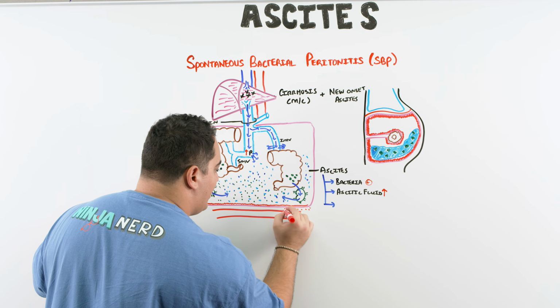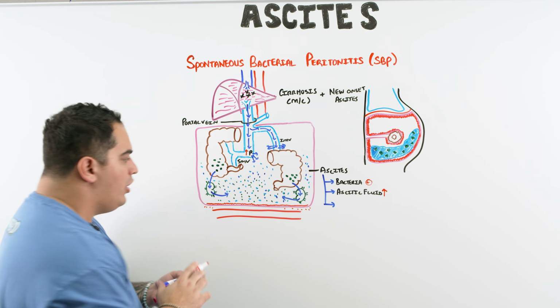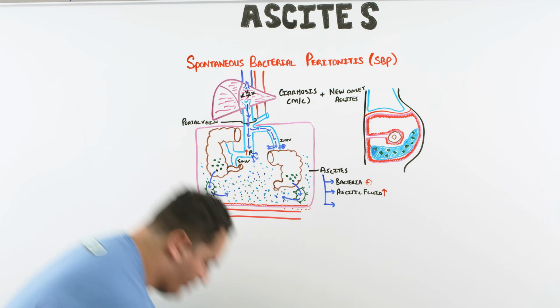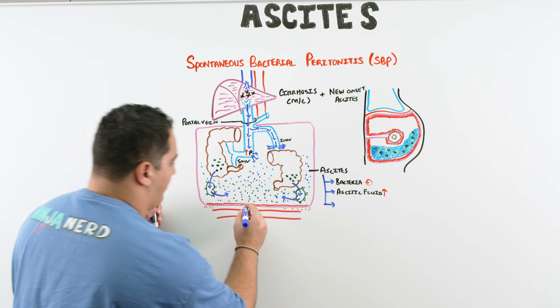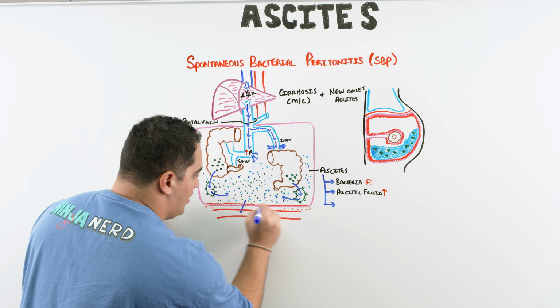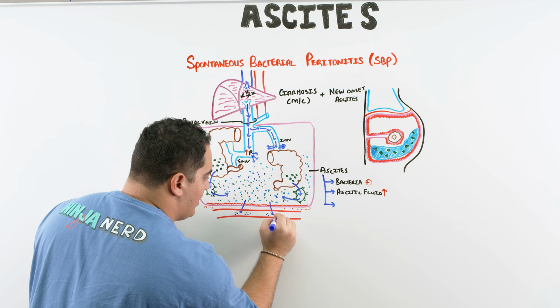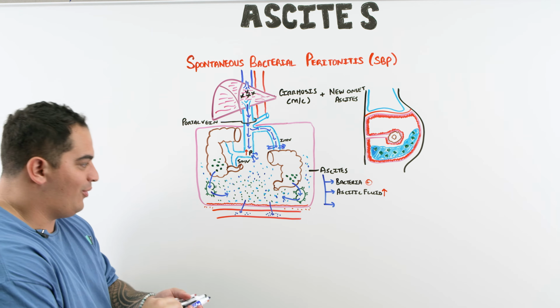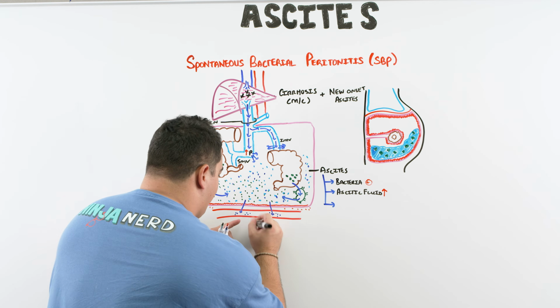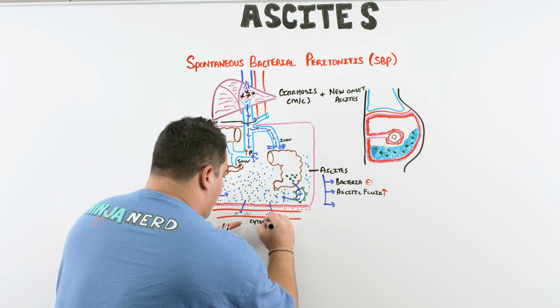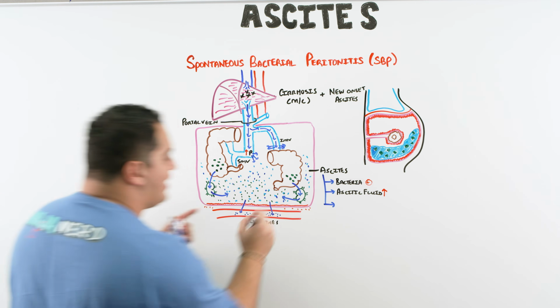And when you inflame a tissue, you're naturally going to trigger the production of cytokines. So small amounts of cytokines can be released into the circulation. What are these? Cytokines. These cytokines will then attract immune system cells into this area.